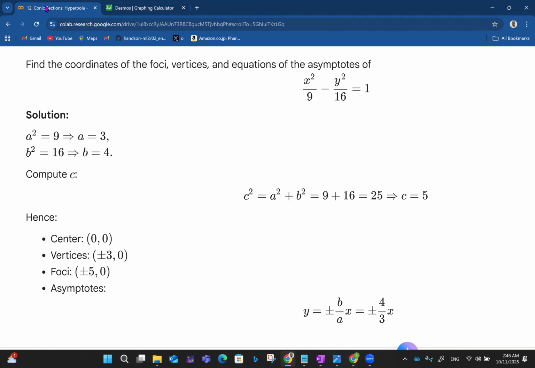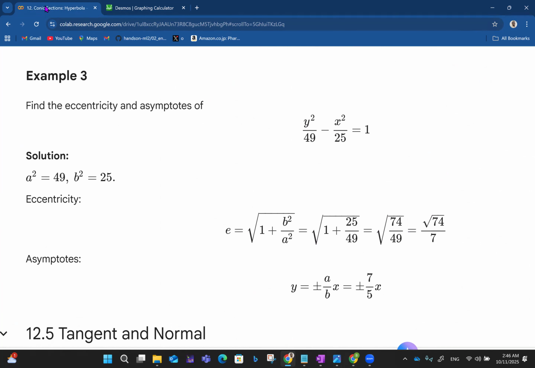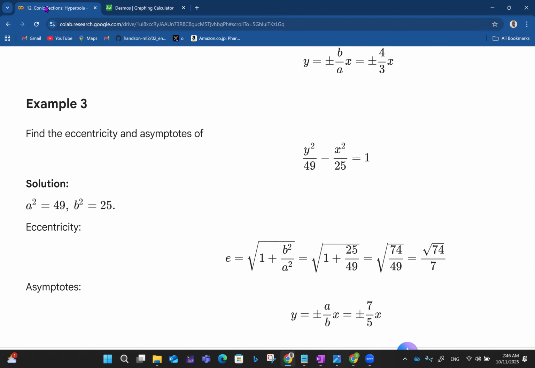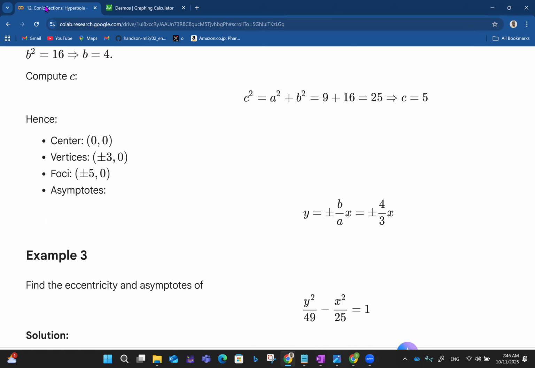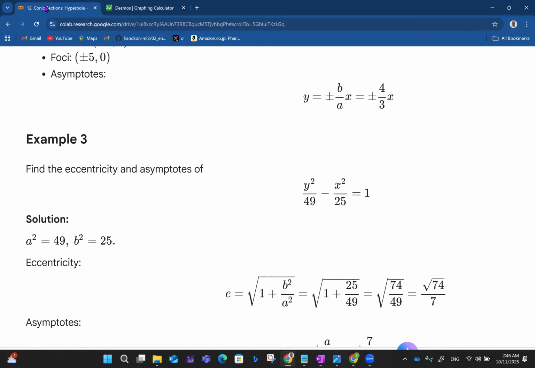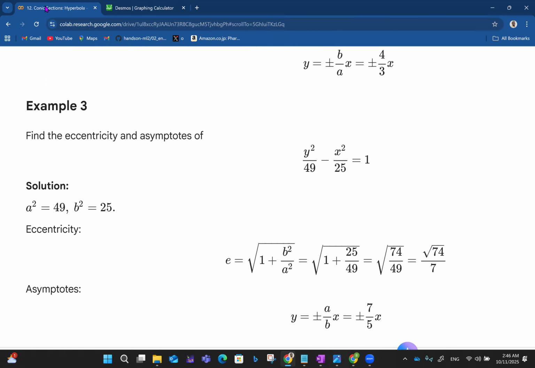Okay, so example 3, we want to find the eccentricity and asymptotes of y squared over 49. Normally it should be x squared over 49, but in this case we have y squared over 49 minus x squared over 25 equals 1. So a squared is 49, b squared is 25.